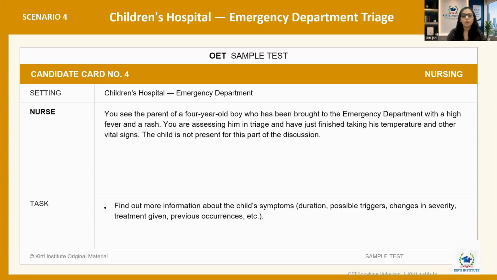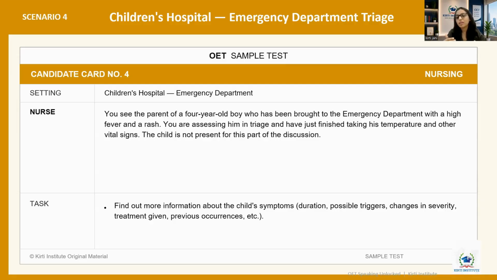Okay, you see the parent of a 4-year-old boy who has been brought to the emergency department with a high fever and a rash. So here you can understand that you are not about to talk with the patient but with the parent. And as their child, just 4-year-old son, has high fever and a rash, absolutely the parent will be concerned.